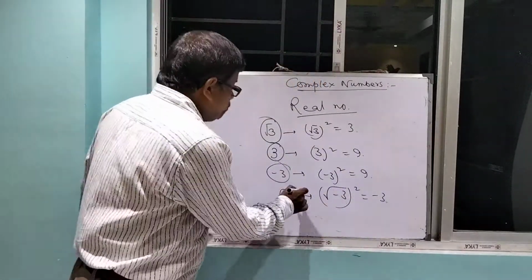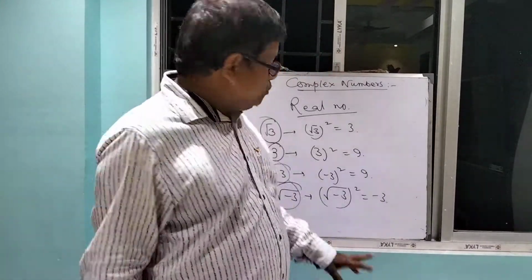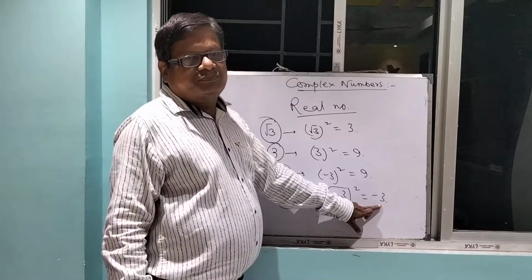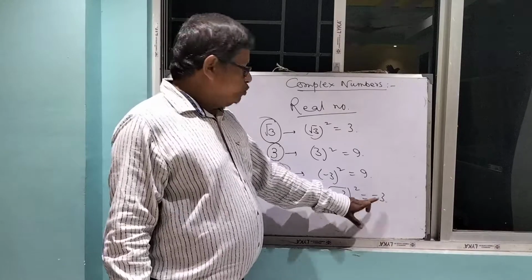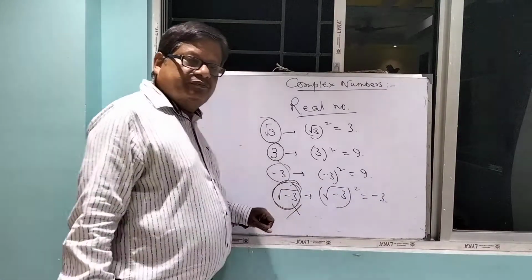But root of minus 3 is not a real number, because look here, its square is negative. So it is not a real number.